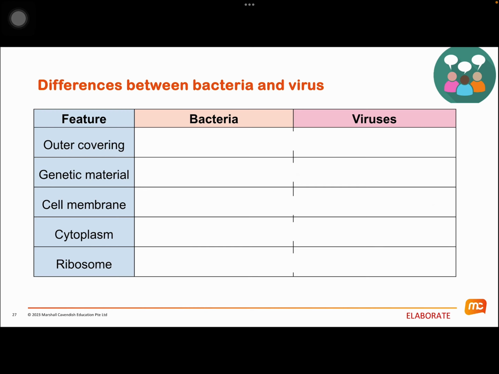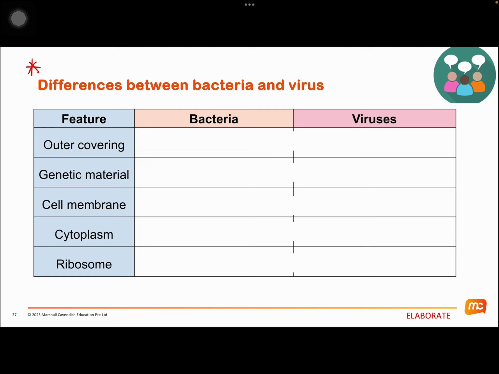I'll pause here and take a look at your notes right now. There's a table in the chapter notes, and I want you to take some time to pause the video and fill in the blanks on your own to compare the different structures of bacteria and virus. This is very important, and this is a way that you could do your notes.